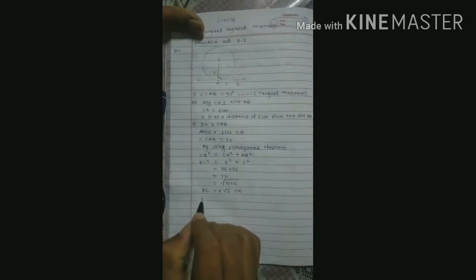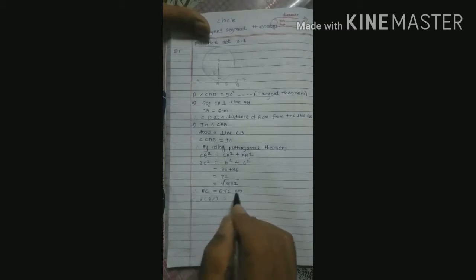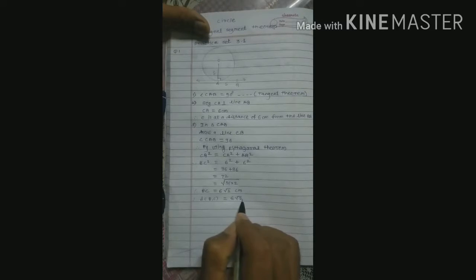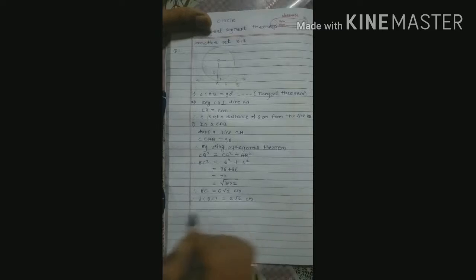And hence the distance from B to C is equal to 6 root 2 centimeter.